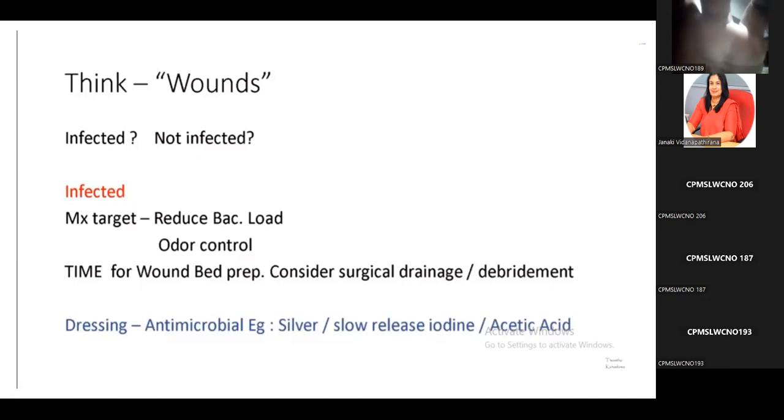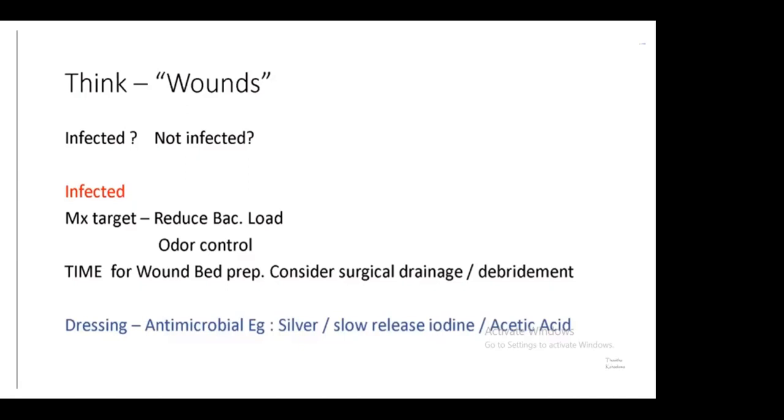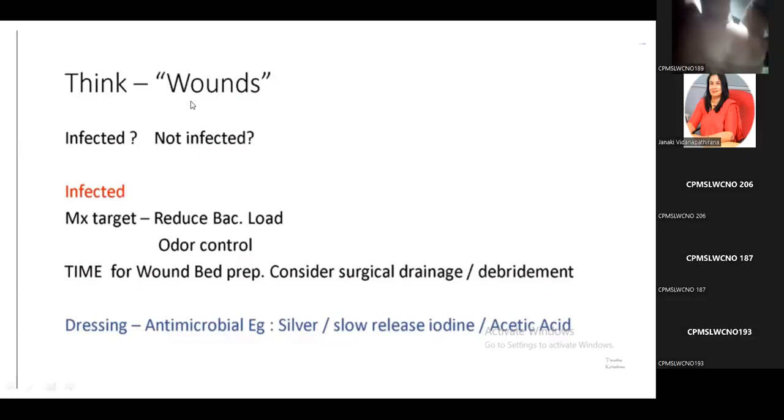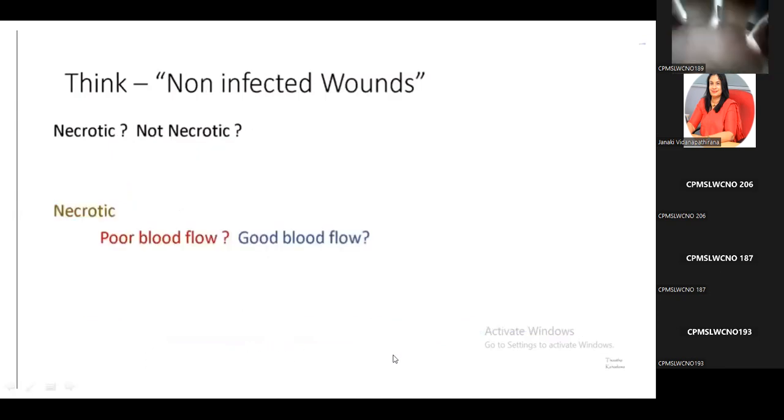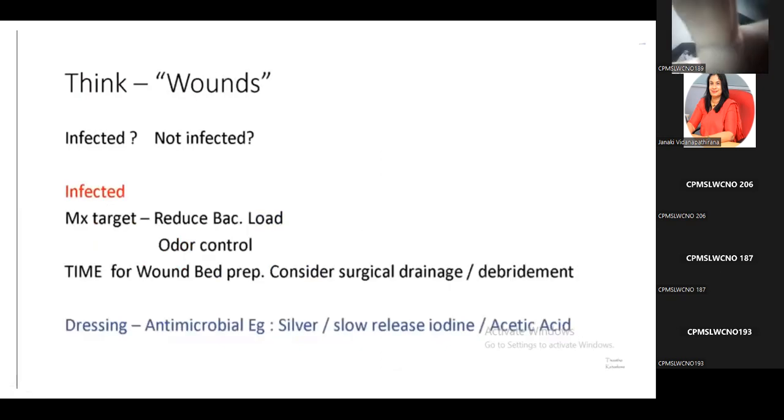To choose the dressing, once you have done what is necessary in wound bed preparation, it comes down to the dressing being antimicrobial. It can be a silver dressing, slow-release iodine, or depending on the situation, acetic acid as well. So when do you use acetic acid?